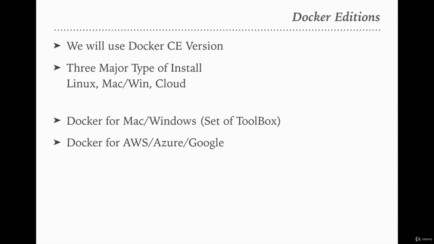For AWS, there are different features available, like AWS EC2 support and AWS IAM support. In a similar way, on other clouds like Microsoft Cloud and Google Cloud, Docker also supports different features. So this is all about Docker CE and Docker EE.